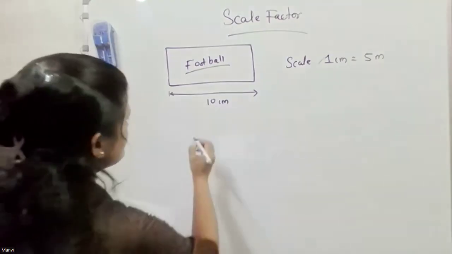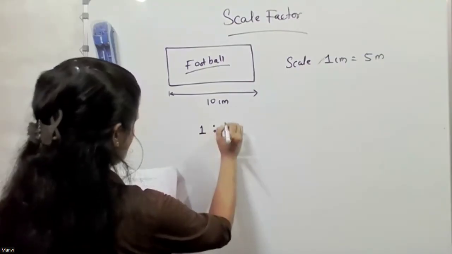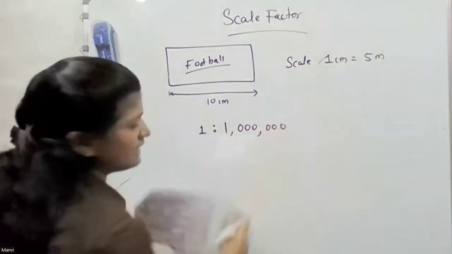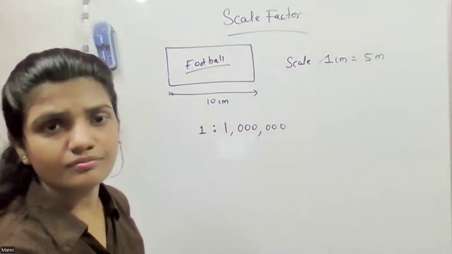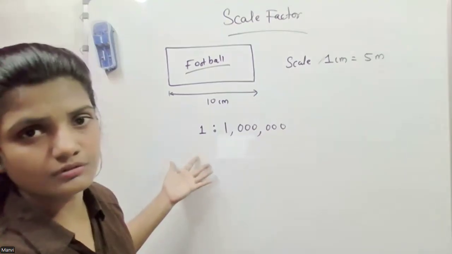Sometimes they just give us a scale like 1 ratio 1,000,000, with no unit. How do we approach this type of question?